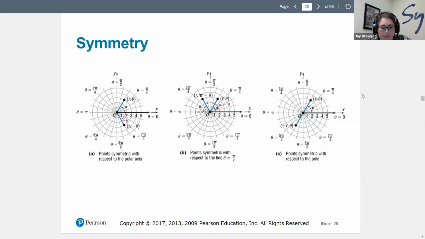So you're looking at 3 possible lines of symmetry. I'll say lines, air quoted. Whereas with our rectangular coordinate system, I guess there's also 3 there too. You can have symmetry with the x-axis, symmetry with the y-axis, or symmetry with the origin. But you can also have symmetry with other lines too, pretty sure. Right?